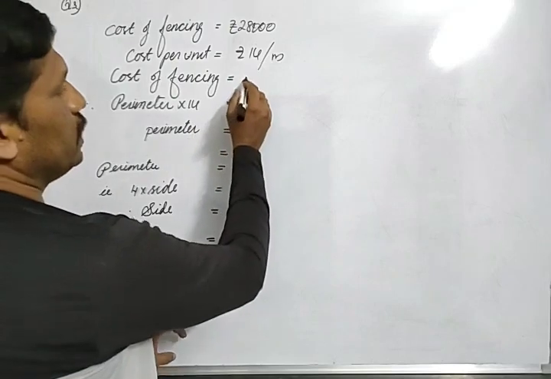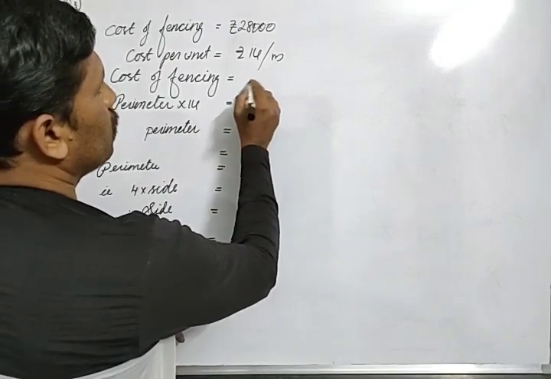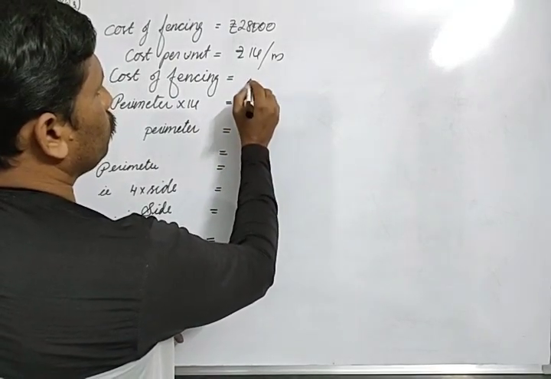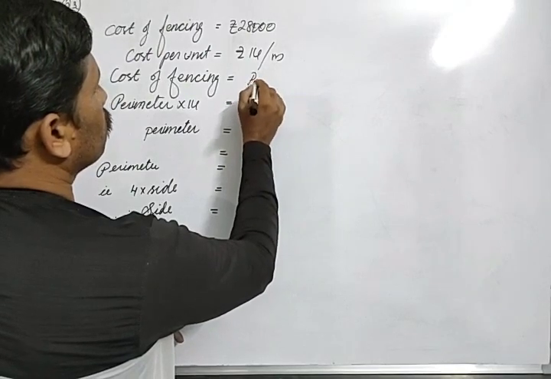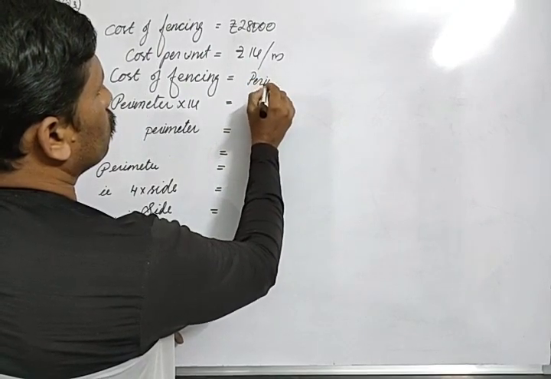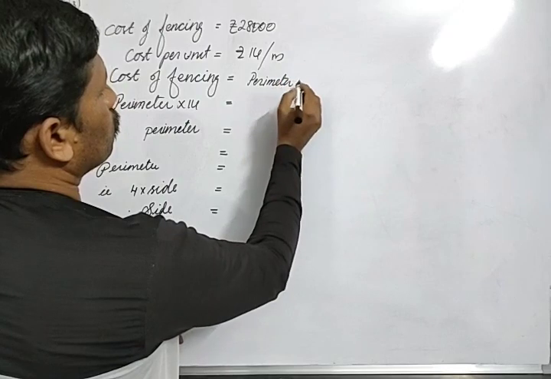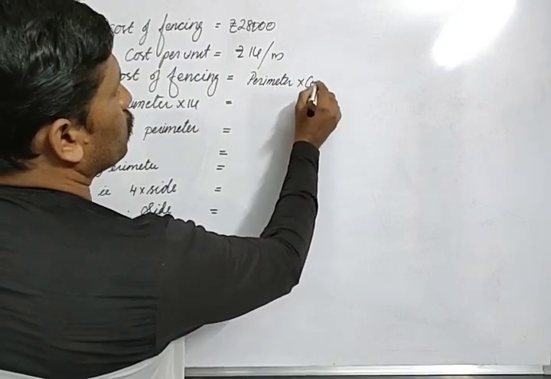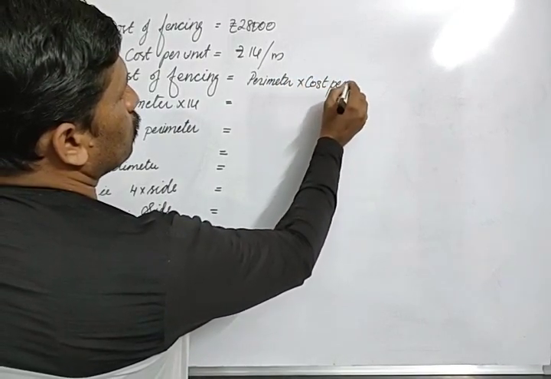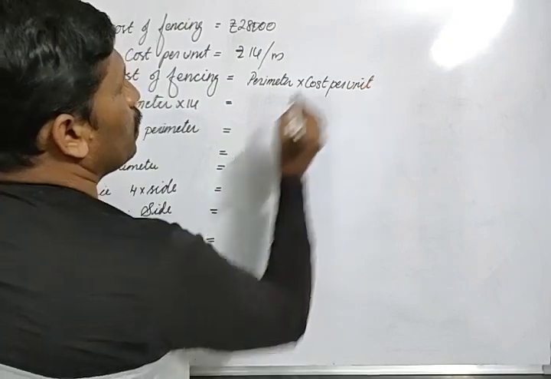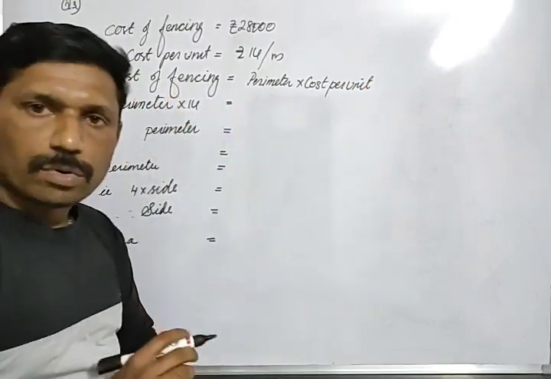Then cost of fencing means perimeter into cost per unit. Perimeter into cost per unit is equal to cost of fencing.